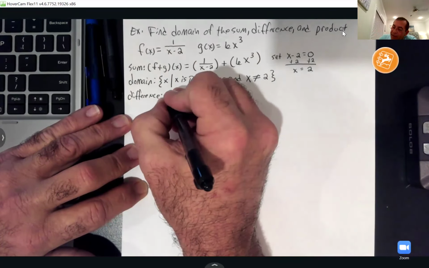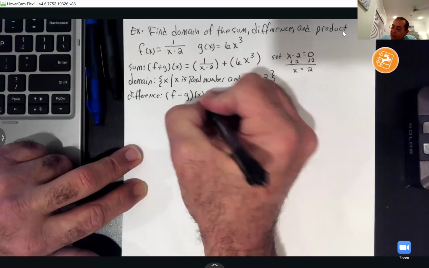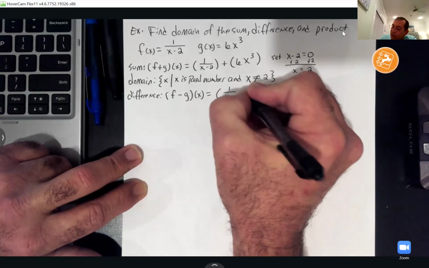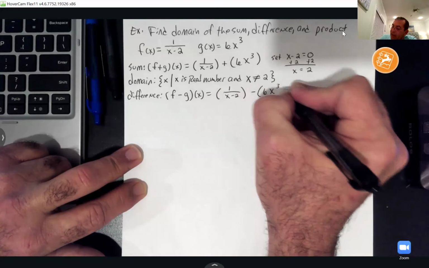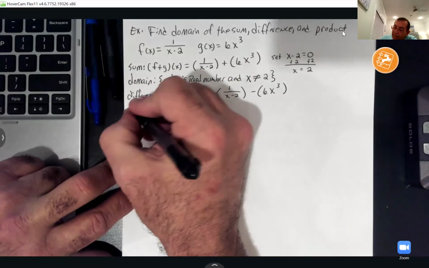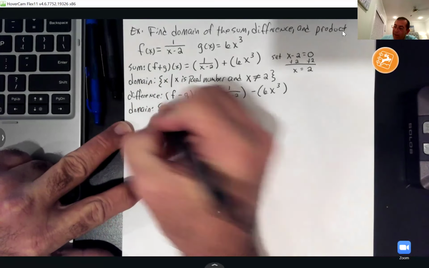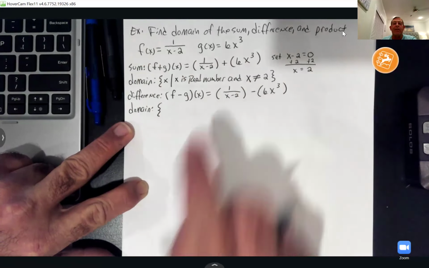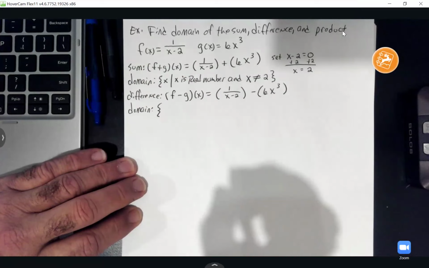All right, the difference is f minus g of x. That'll equal my f, which is 1 over x minus 2, minus my g, which is 6x to the third. So y'all, any domain guesses for the subtraction here? x is a real number and can't equal 2.